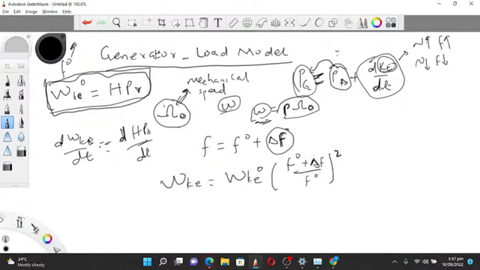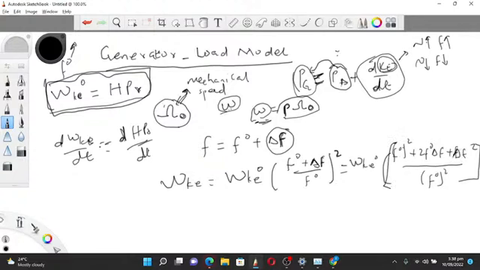Now, because this change in f is a very small change, when we expand, we will get (f0 squared plus 2 f0 change in f plus change in f squared) all over f0 squared.